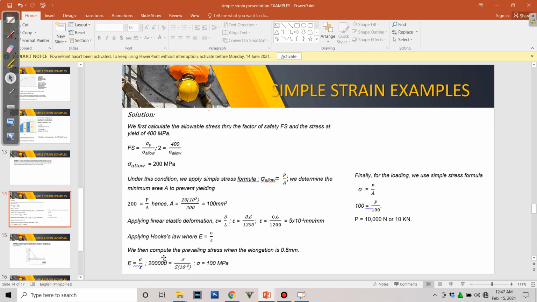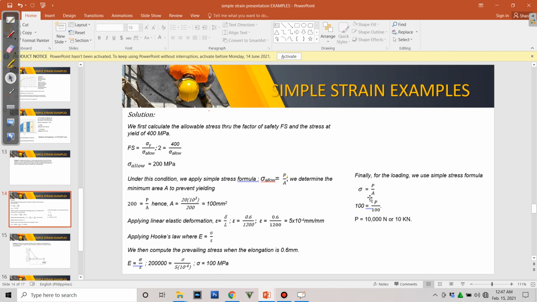So we then compute the prevailing stress when the elongation is 0.6 millimeter. Okay, so 0.6 was used already in your strain here, and the strain will be used in your Hooke's law, so that this will now be our prevailing stress. Okay, 100 megapascals.